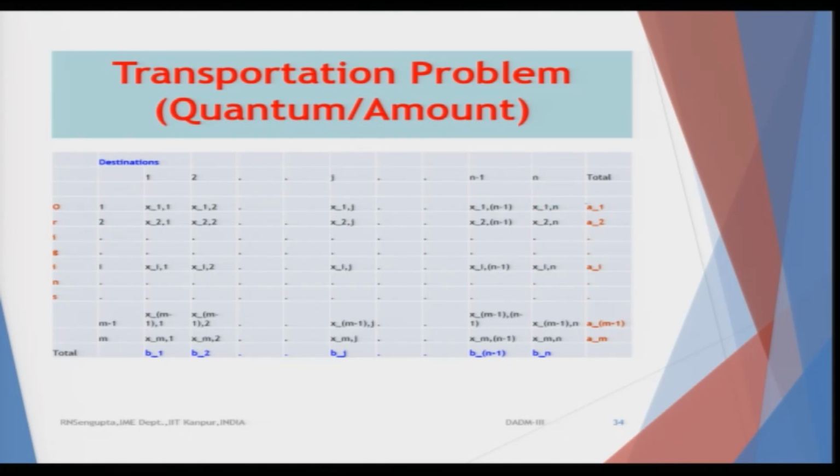And on the right hand side I write a value of a 1, which means the total number of goods being supplied from the first origin. If I add them up, that is x 1 1 plus x 1 2 till x 1 j, and then continue till x 1 n minus 1 and x 1 n, it is equal to a 1.